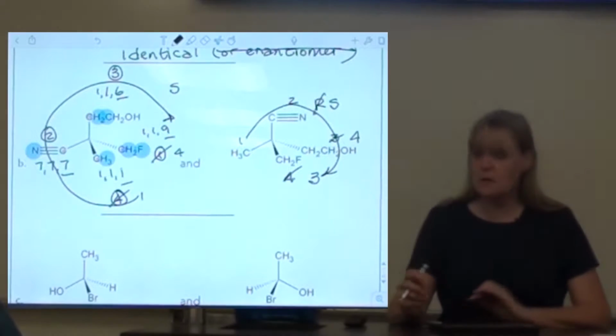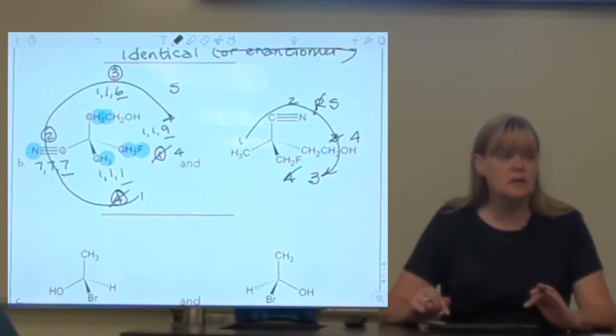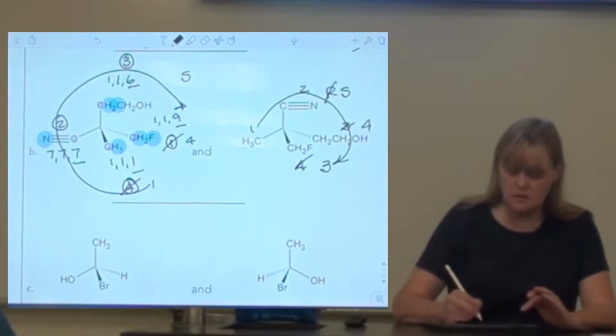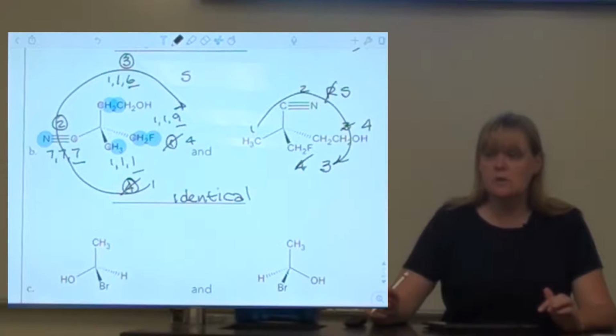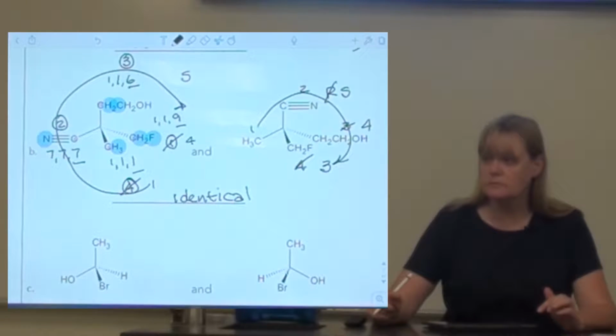This one's S, so I think B is identical, unless I'm going too fast. Are we in agreement? No, but I probably just got it wrong.